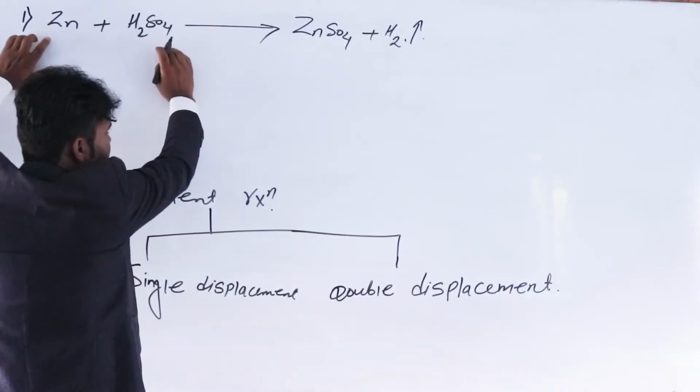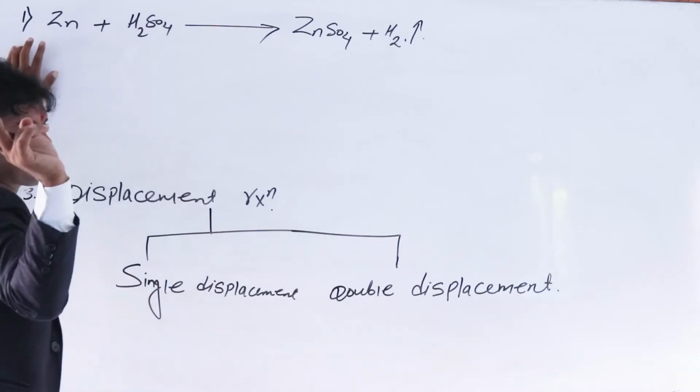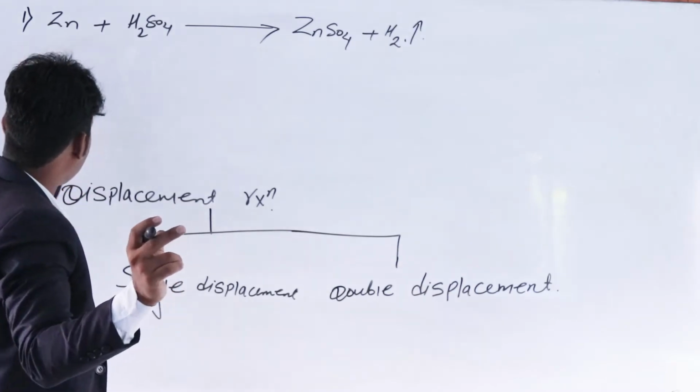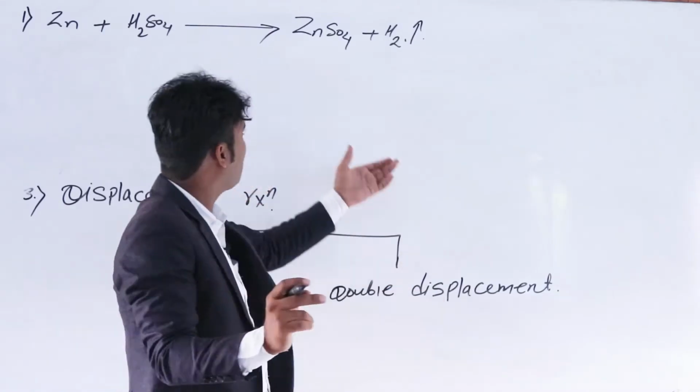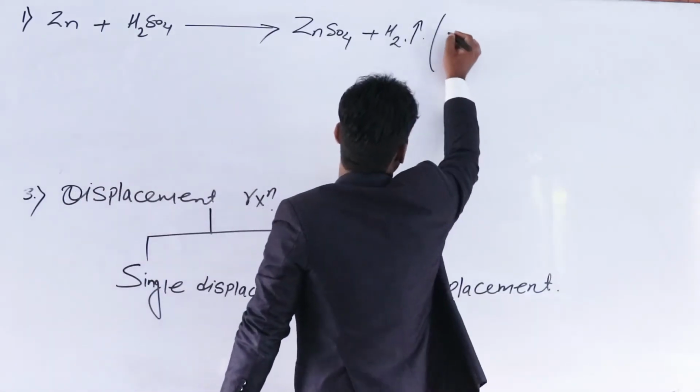From these two compounds, we have discussed the displacement. Displacement means an atom or group of atoms is replaced by another atom or group of atoms. We have divided displacement reactions into two types: single displacement and double displacement. We are in the single displacement.